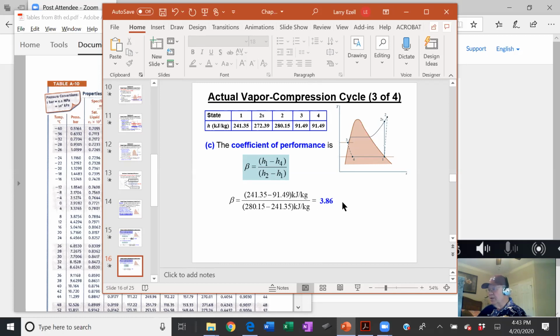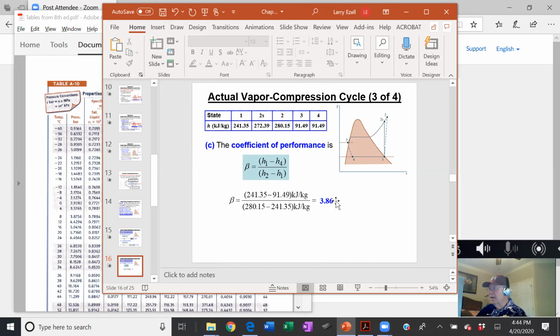If I wanted to get the SEER of this air conditioning unit, I would start with the COP of 3.86, because that's BTUs of cooling per BTUs of electricity. You don't normally state electricity in BTU, it's watts of cooling, which is traditional, or watts of input power, which is very appropriate.